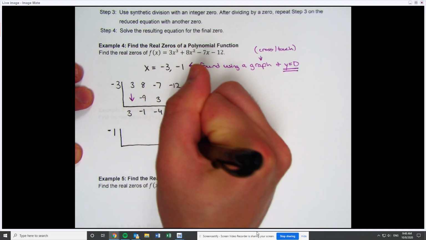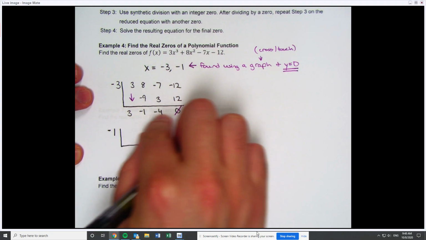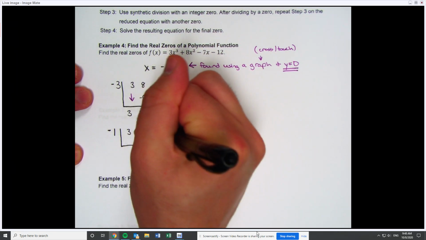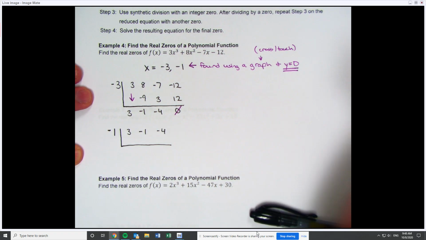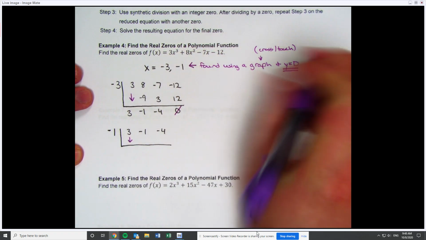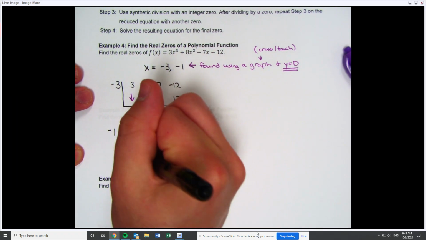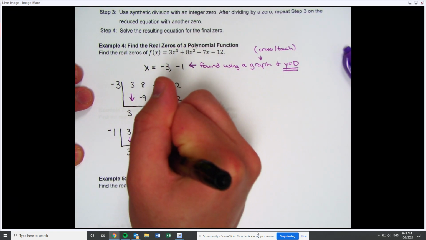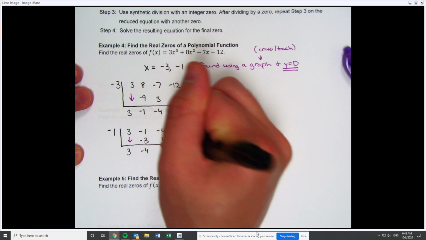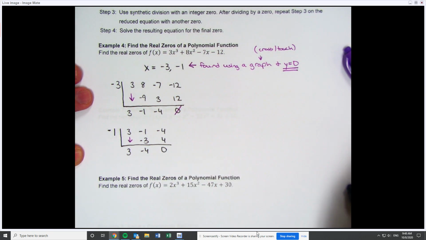And instead of doing it with the original, I'm just going to do it with these. 3, -1, and -4. I can leave the 0 off. So dropping 3 down, I have 3, -3, that's -4, that's 4, that's 0. Done.